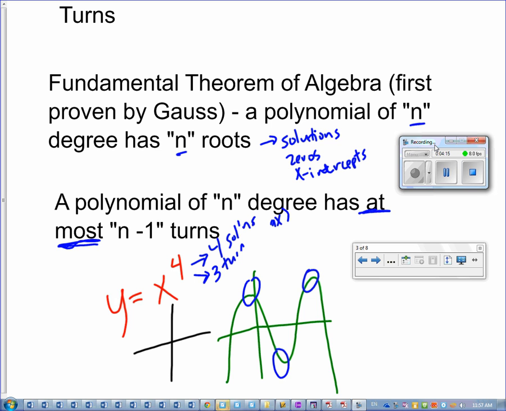The graph of y equals x to the 4th power looks like a really flat parabola. Unfortunately, Gauss didn't figure out how to tell us how many turns it has. All we know is the maximum number of turns. We know this has a maximum number of turns of 3. We don't quite know yet how to tell if it has 3, 2, or 1 turns.